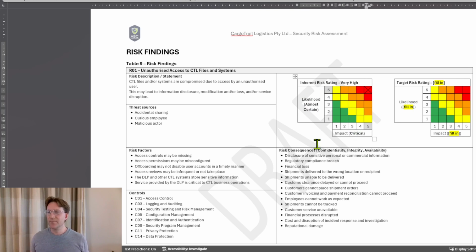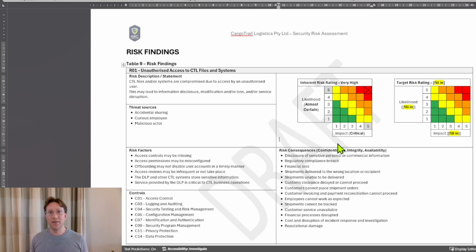This is because if we think about what the risk actually is, unauthorized access to files and systems, if we didn't have any control whatsoever over people's ability to access things, then you could have just about any bad outcome imaginable.